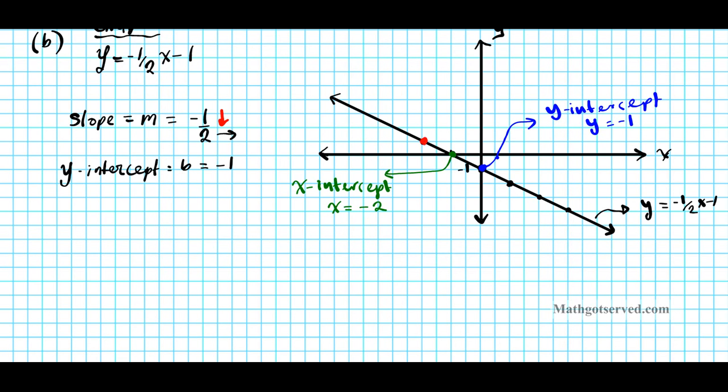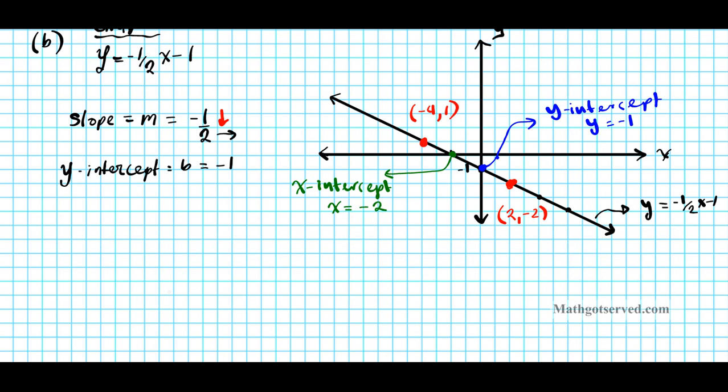So there goes the first point. That's -4, comma 1. And then the second point is (2, -2). So go 1, 2, -2, right there. So there goes the second point. Indicated (2, -2).